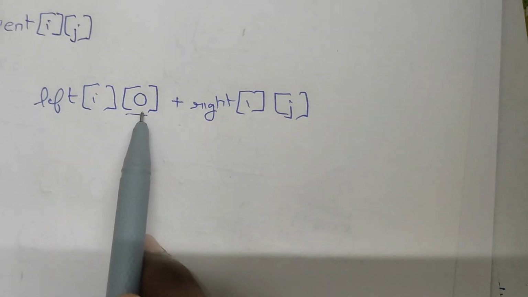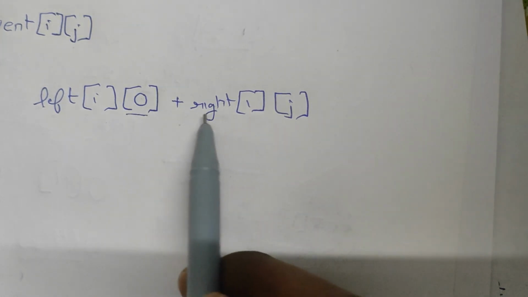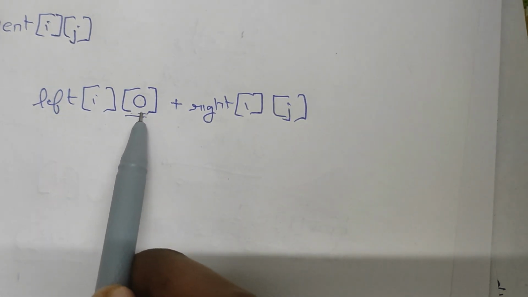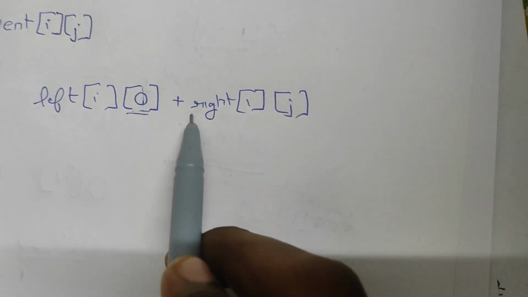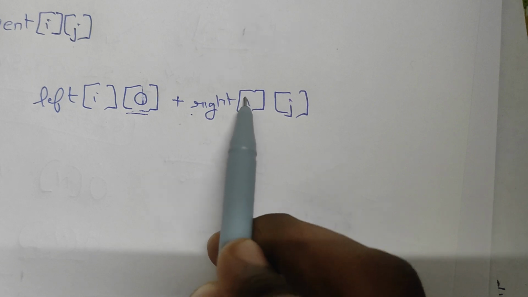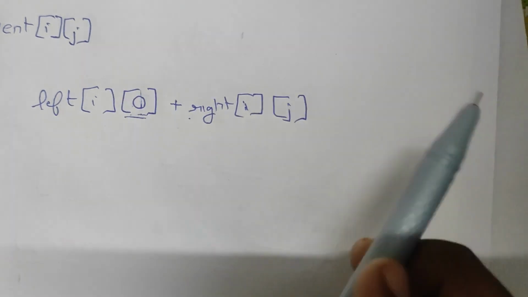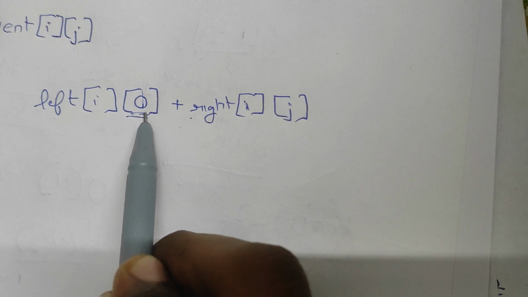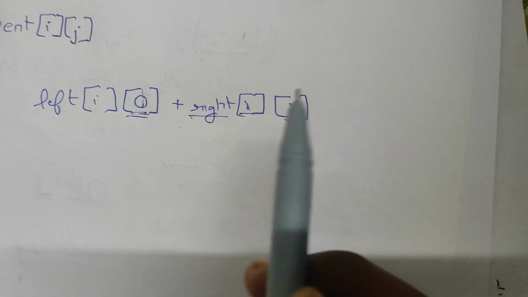If the left child chooses the rightmost element, if it was 1 here instead of 0 over here, we couldn't have done this, because if the left child chooses the rightmost element and puts a 1 over here, and the right child also chooses the leftmost element and puts a 1 over here, then 2 adjacent elements would be chosen. So we can't do that. So since the left child didn't choose the rightmost element, the right child can choose the leftmost element.